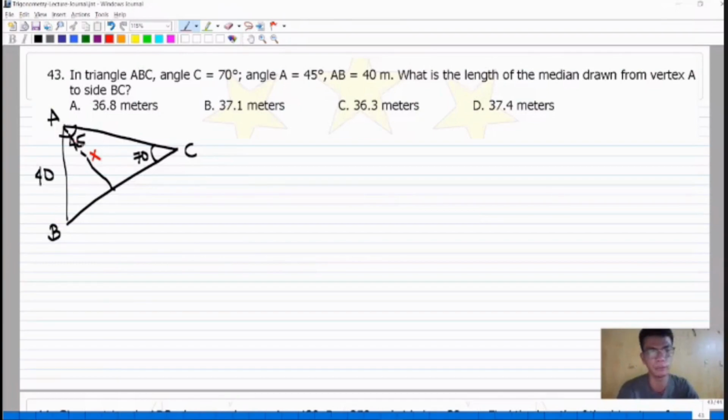So tandaan natin, sa median, yung side lang ang nahahati into two equal parts. So, syempre, kunin siguro natin kung gaano kahaba si BC para malaman natin kung gaano kahaba ang hahatiin ni median. So, by sine law.